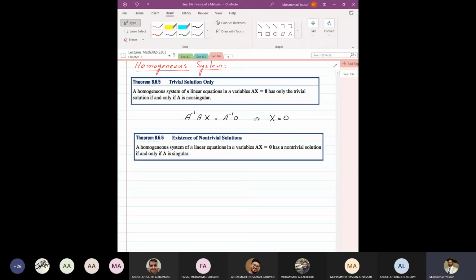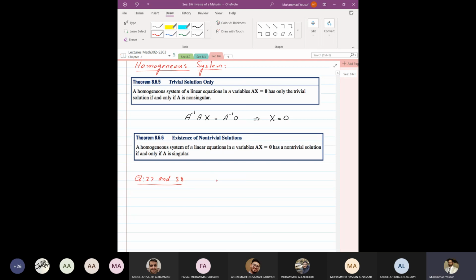For question number 27 and 28, use this property.